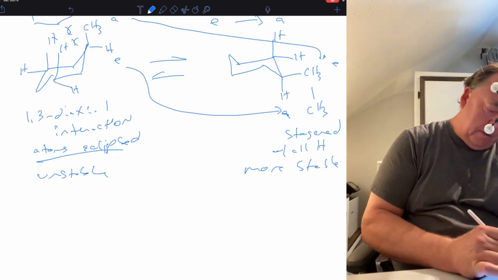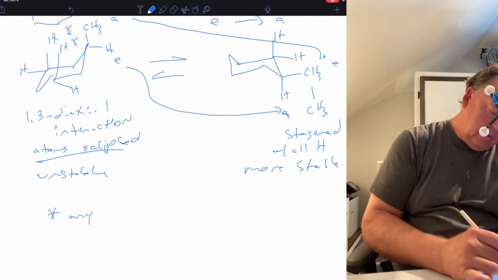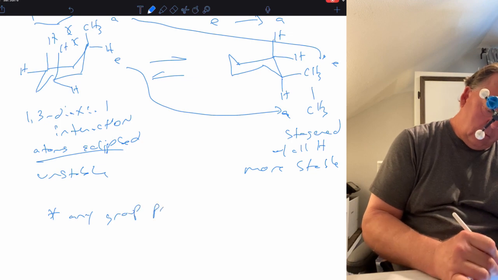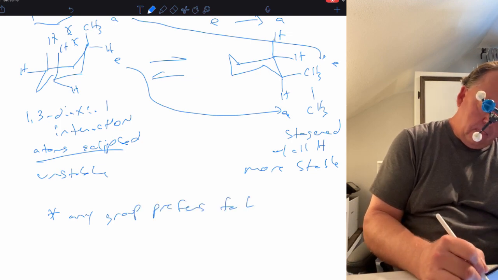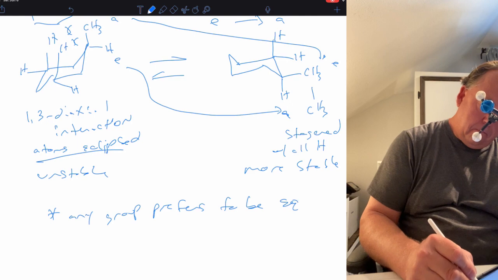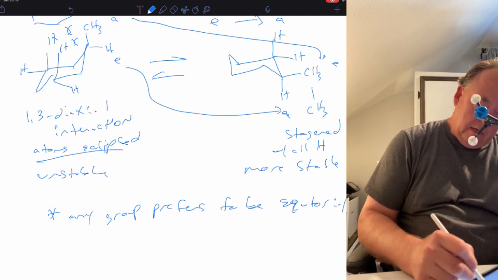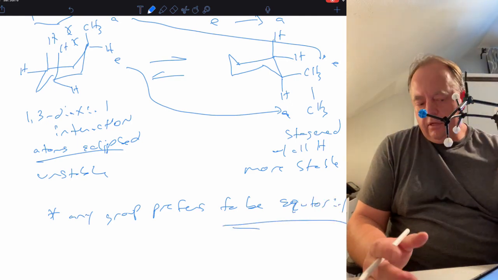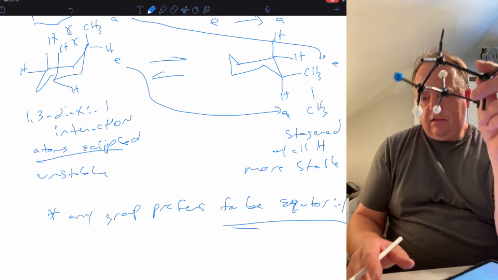So the basic point is any group on cyclohexane prefers to be equatorial instead of axial.